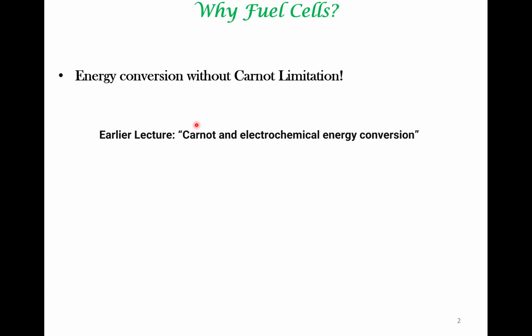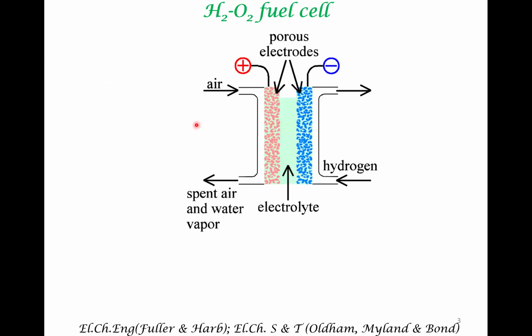Fuel cell is just the exact opposite of an electrolyzer. For example, the simplest fuel cell is the hydrogen oxygen fuel cell. Hydrogen is continuously supplied, and oxygen is supplied via supplying air.